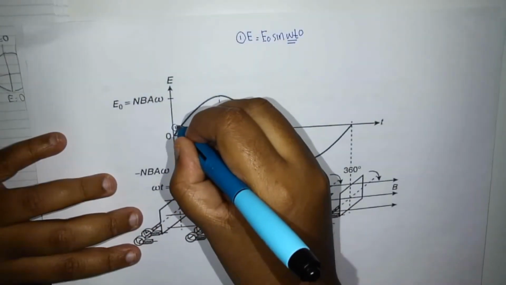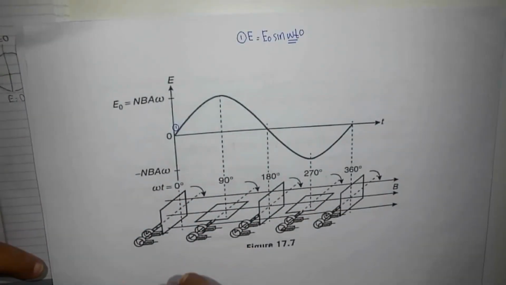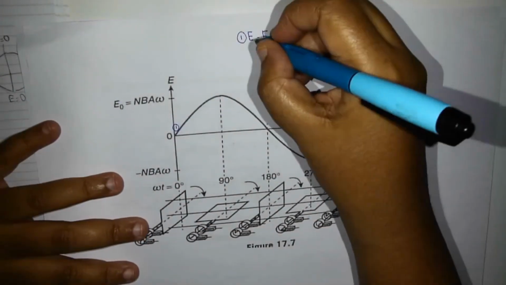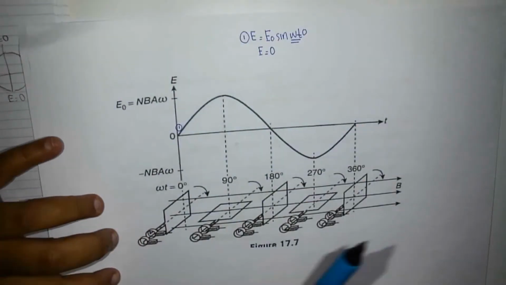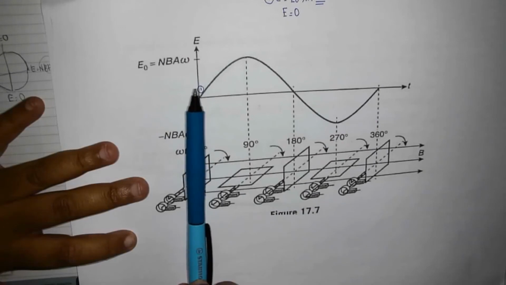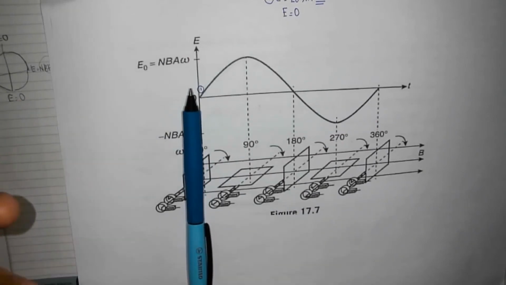Position number 1. So sine 0, you get 0. Therefore E is equal to 0 when the coil is in this position.